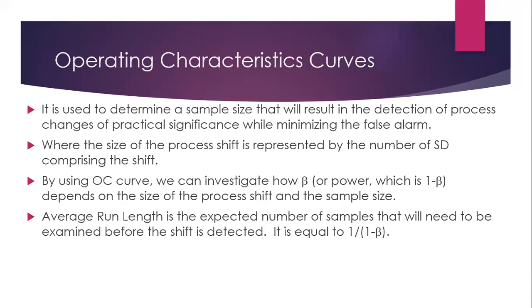Now I'll talk about the overall statistics of control charts. First, I'll talk about the operating characteristic curve, and next I'll talk about process capability. Operating characteristic curves are used to determine a sample size that will result in detection of a process change of practical significance while minimizing false alarms, where the size of the process shift is represented by the number of standard deviations comprising the shift.